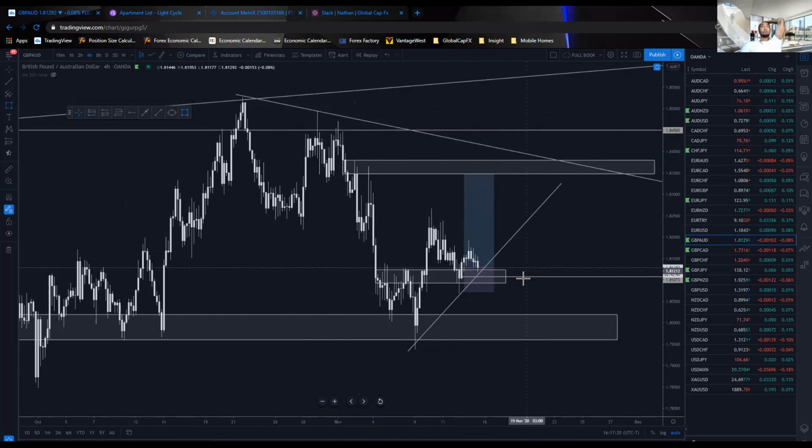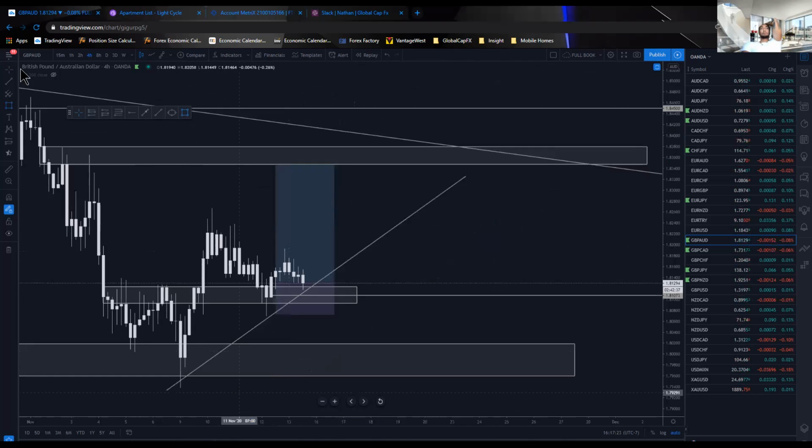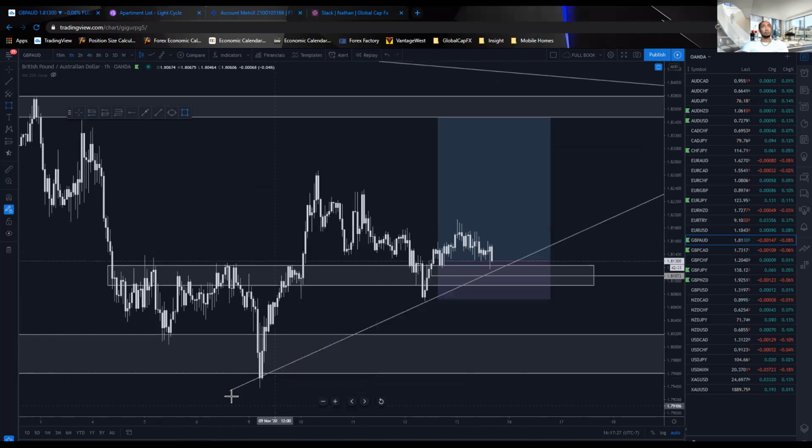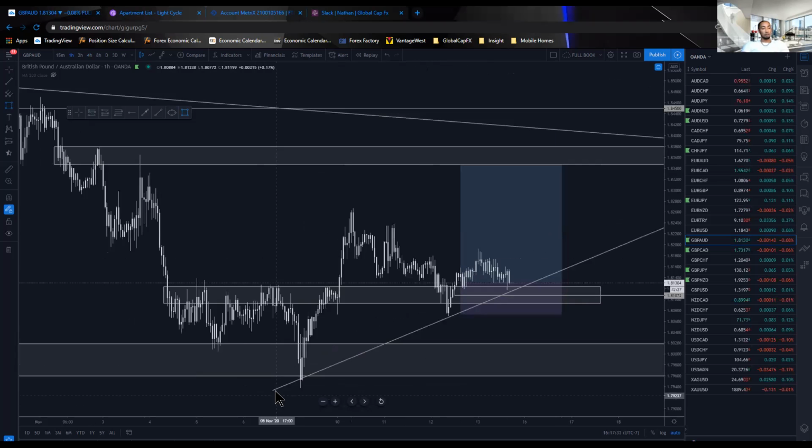For example, this one right here: you have your retest of the trend line, and also a retest of this zone that I created in the 4 hour.